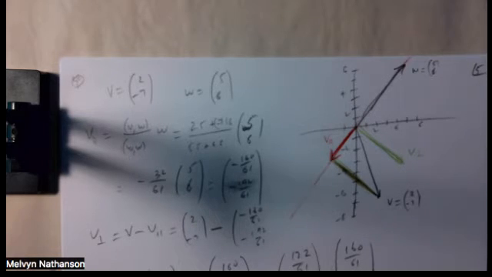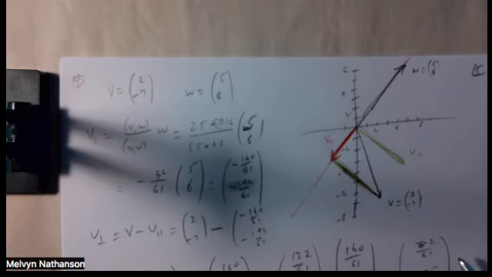So if I can add these properly, I get 282 over 61, and 427 minus 192 is minus 235 over 61.